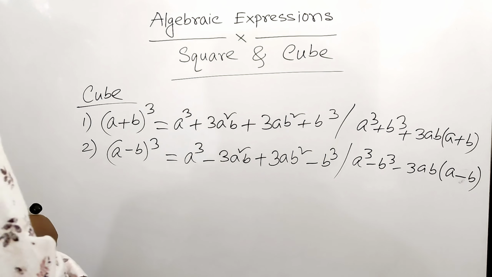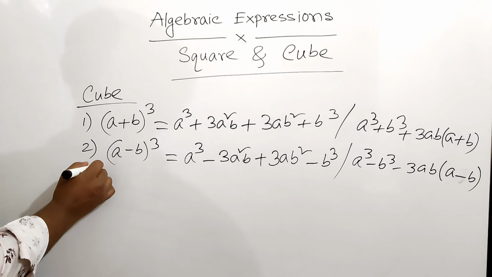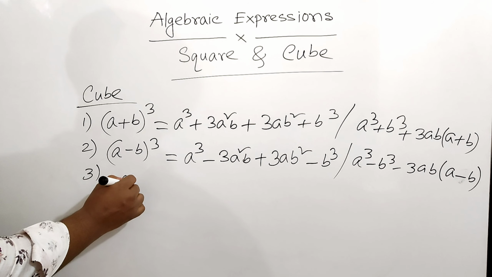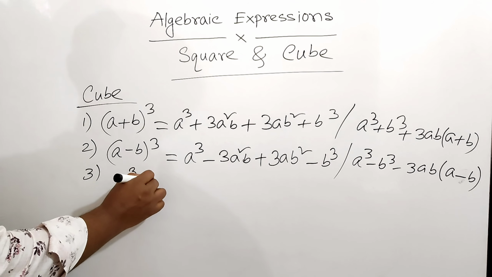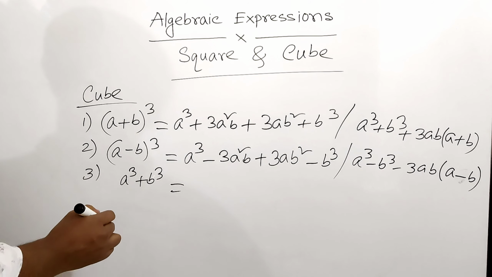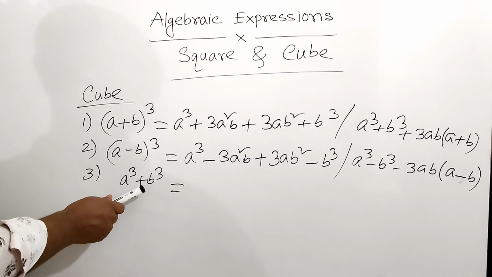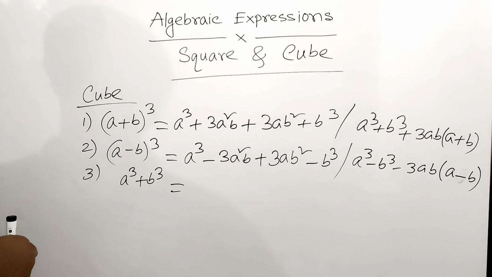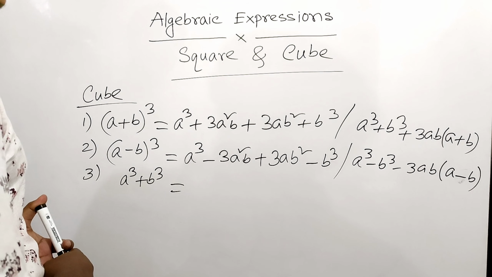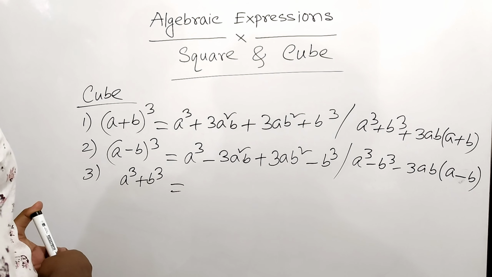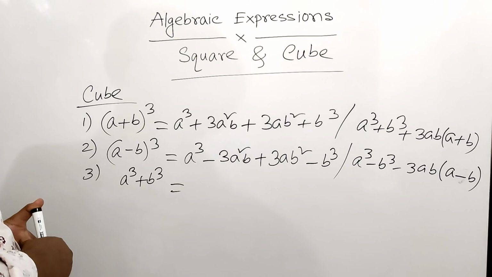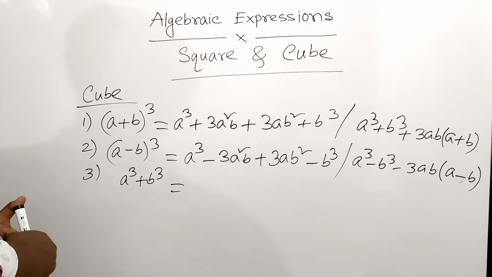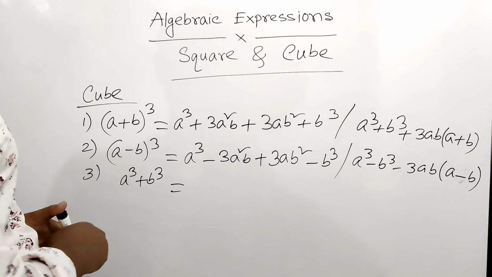Okay, now we learn the formula number 3 in cube. So that is a cube plus b cube. And what will be the formula? So you must need to know 2 formulas for a cube plus b cube. One for the factorization and another for the evaluation, the value, that means the given expression. If you need to find the value of the given expression, then you need to know the second formula.